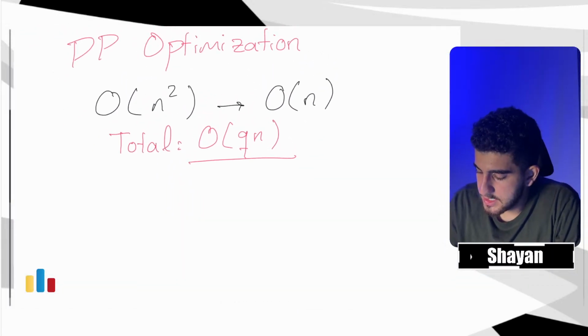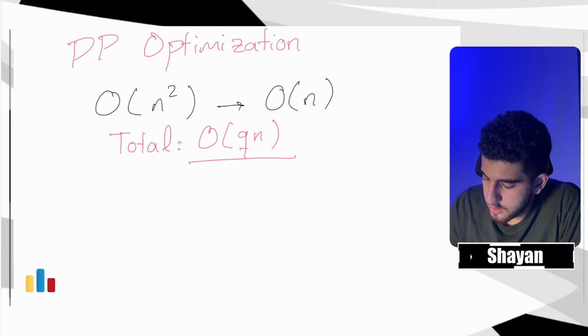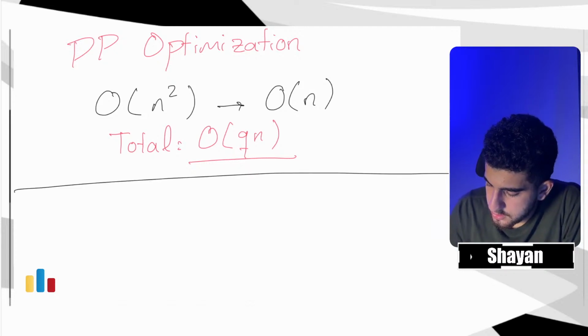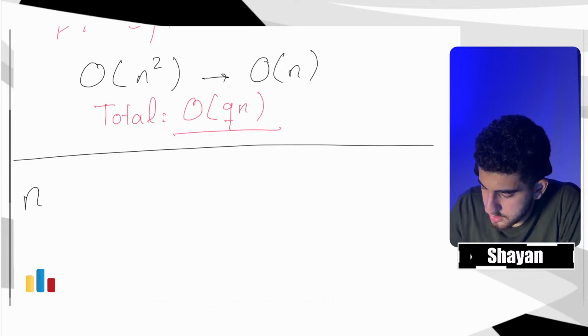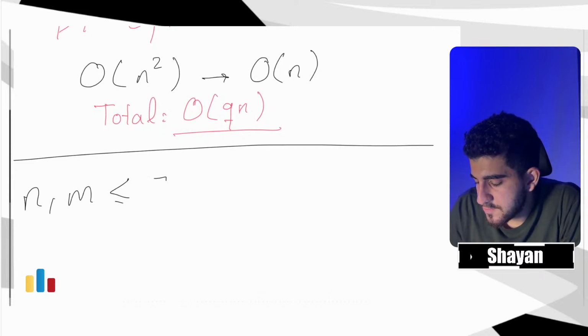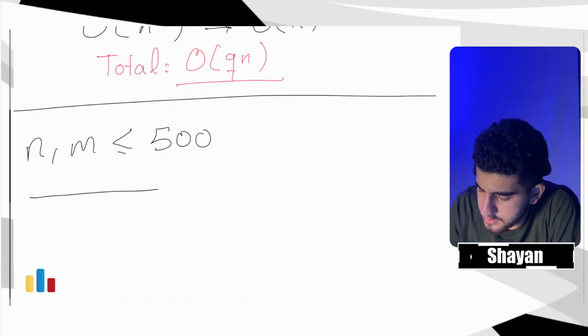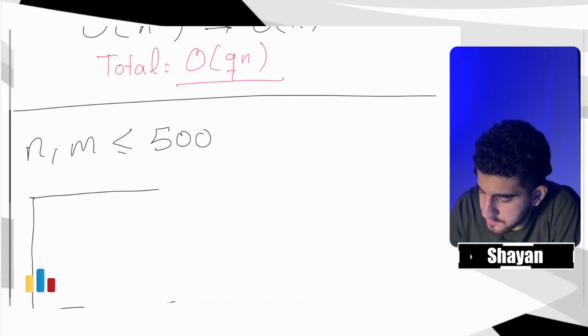So N and M are up to 500. And we want to find out the number of paths from the top left corner to the bottom right corner such that it forms a palindrome.